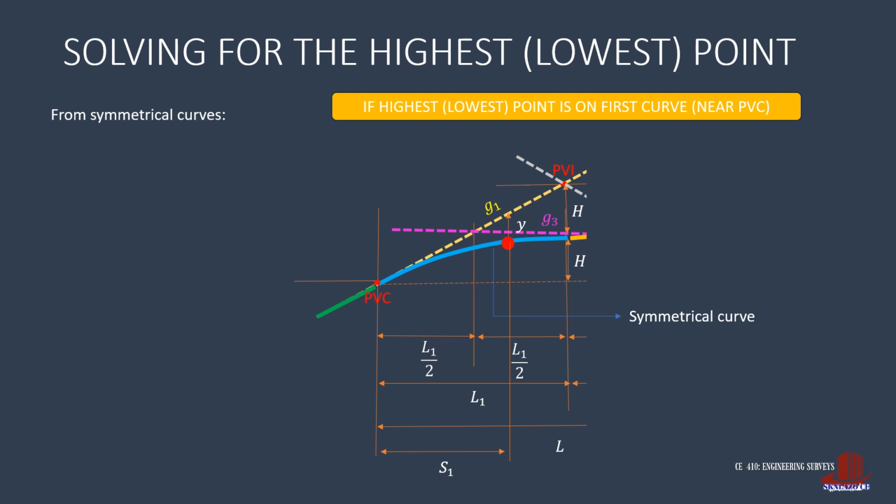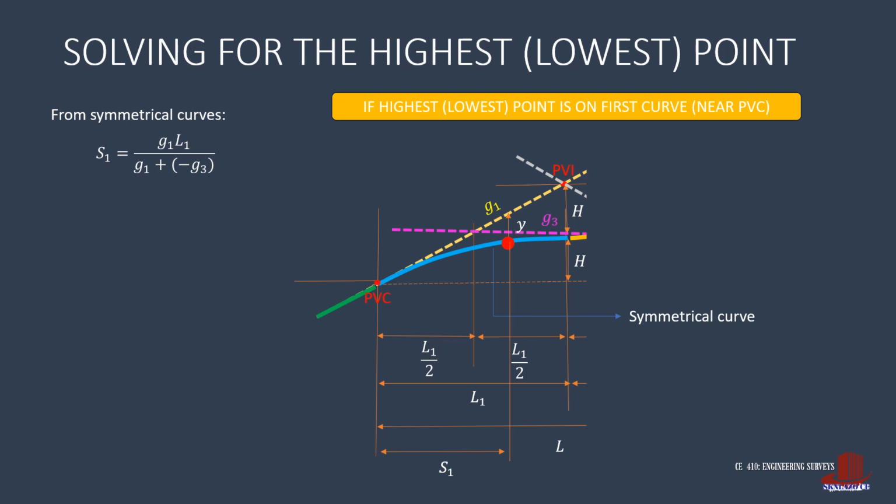The function from the other curve is S1 as equal to G1 times L all upon G1 plus G2. G2 here is taken algebraically, or that is including the sign. Since the length of the curve is now tagged as L1 and G2 is now replaced by G3, the function for S1 is transformed into G1 L1 over G1 plus G3.